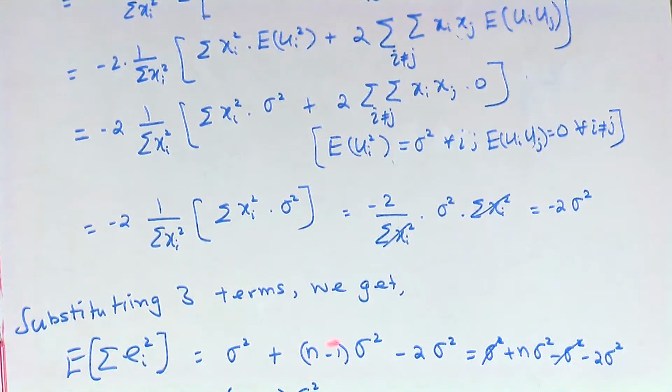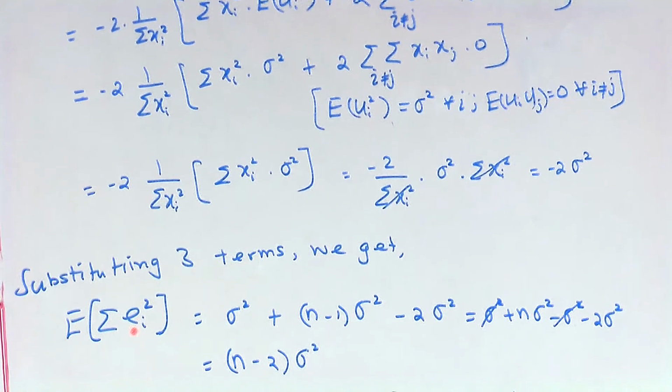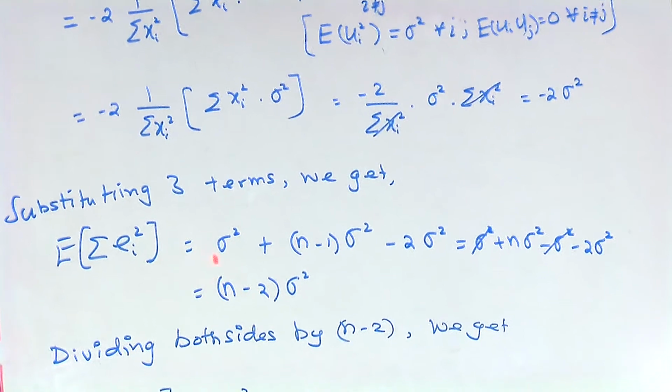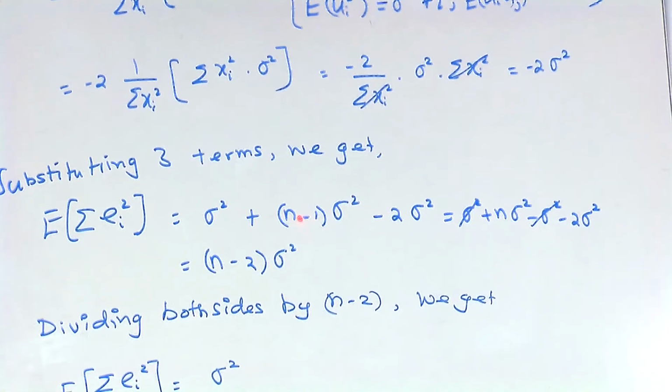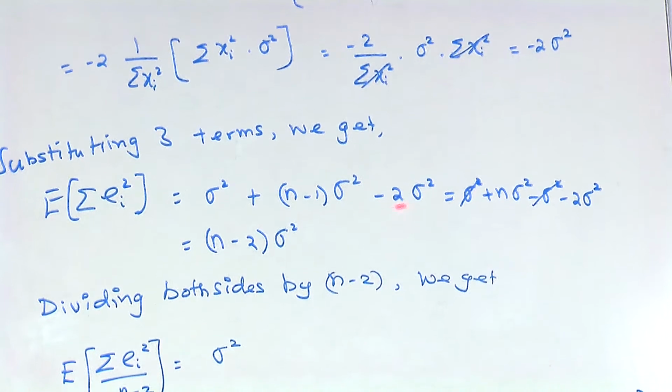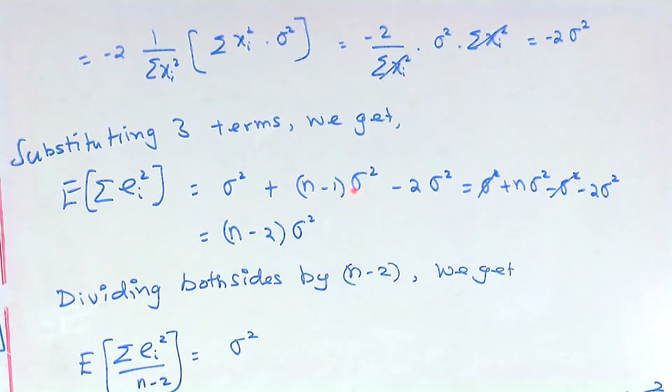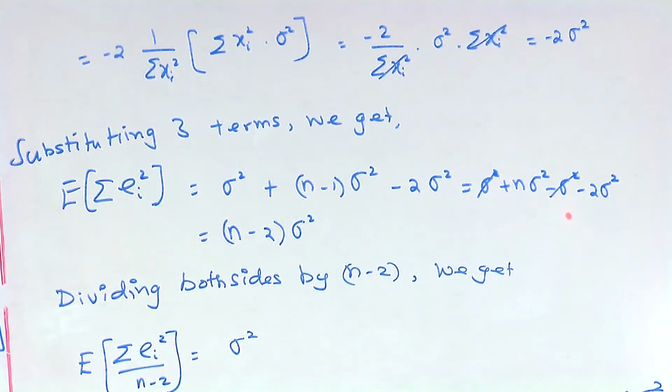We may substitute these three terms, and we get the expectation of sigma ei square is equal to sigma square, the value of the first term. This is the value of the second term, n minus 1 sigma square. This is the value of the third term, minus 2 sigma square. We may take this sigma square inside and break the bracket, and we get n sigma square minus sigma square, and minus 2 sigma square.